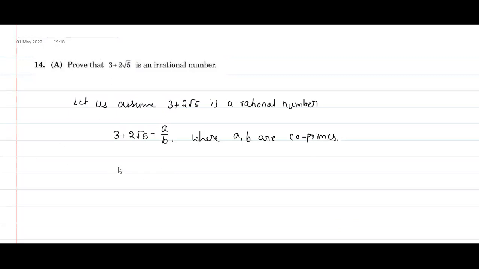Then do the squaring on both sides. 3 plus 2 root 5 whole square is equal to a by b whole square.